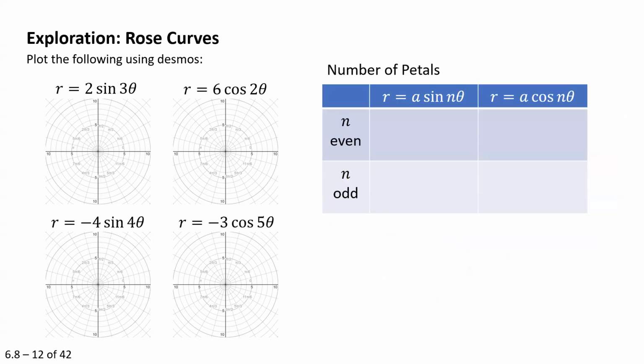Okay. And for something like this, if n is even, then how many petals do we have? Brendan, how many petals do we have if n is even or n is odd?